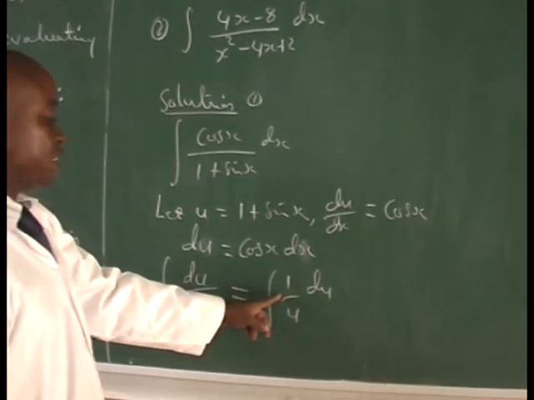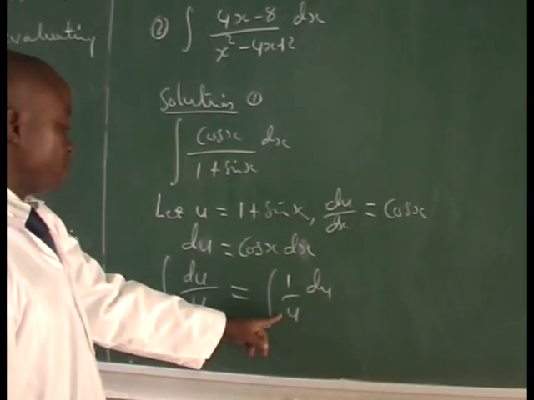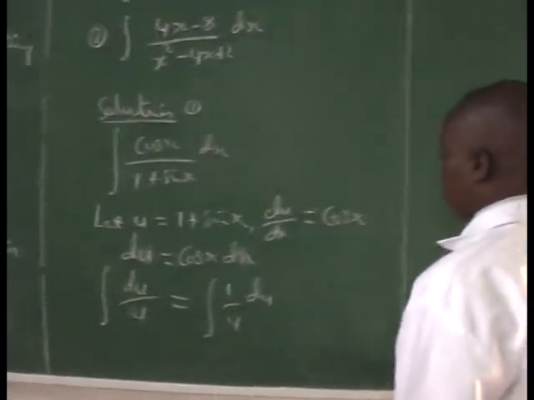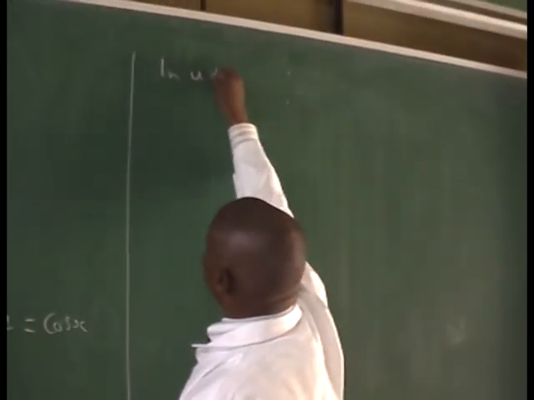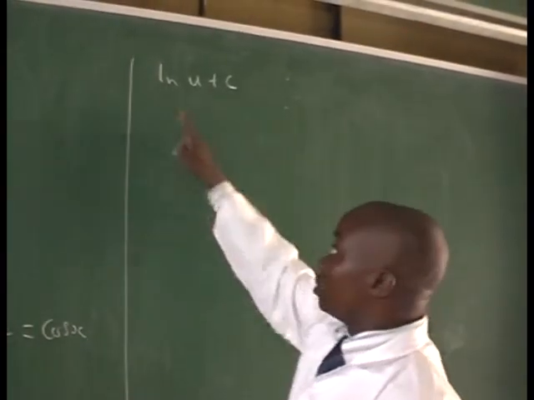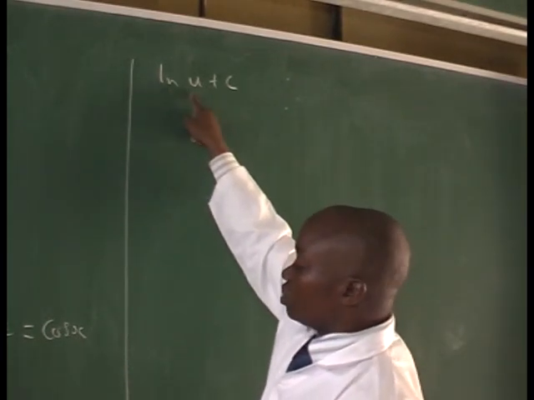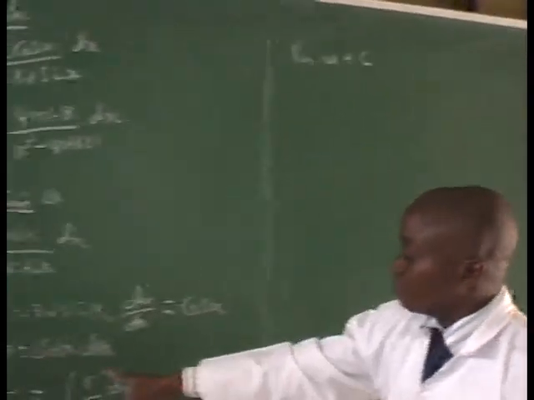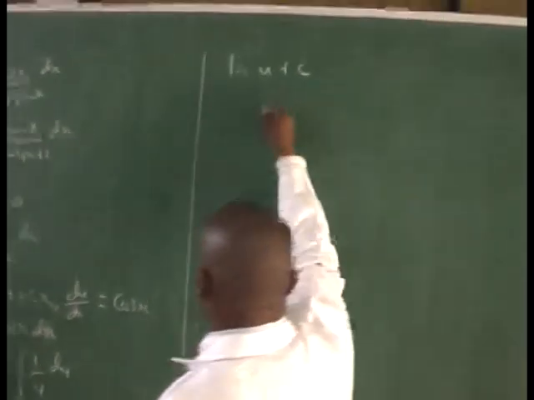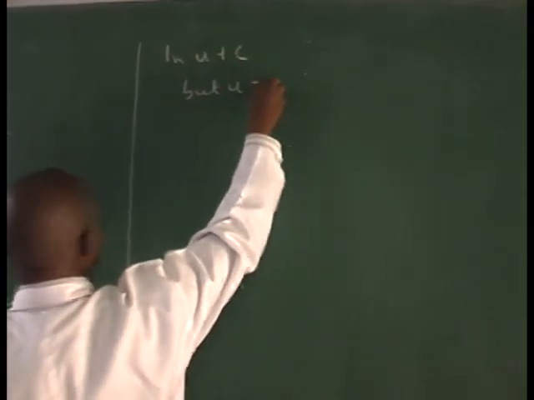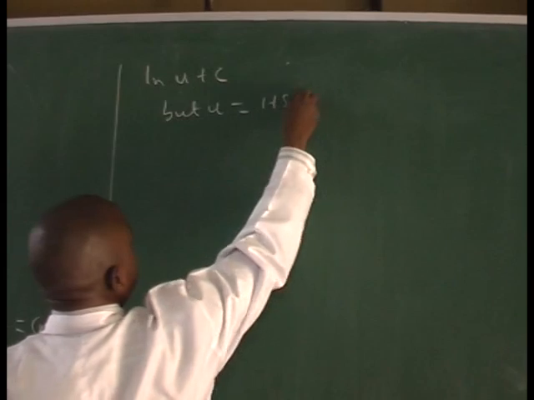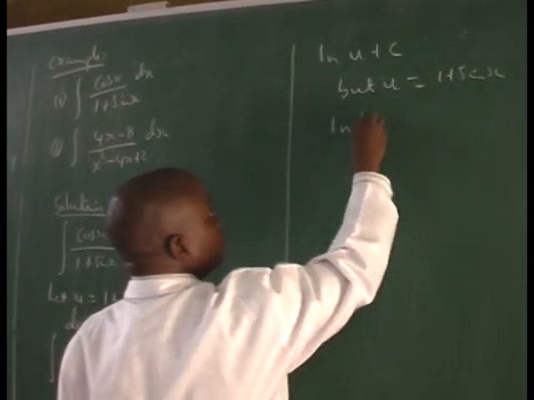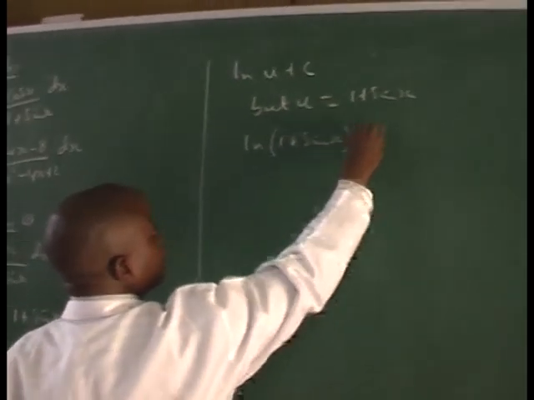If we integrate 1 all over u, we now have ln u plus c. When you differentiate ln u, you have 1 all over u. So now that we are integrating 1 all over u, we have ln u. But u is equal to 1 plus sin x, so we get ln of 1 plus sin x plus c.